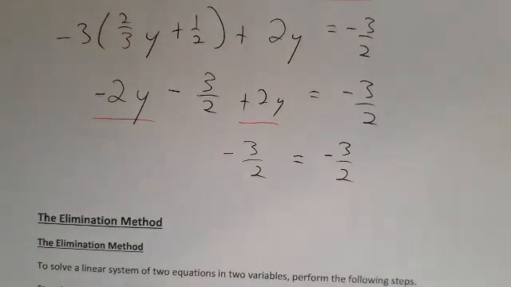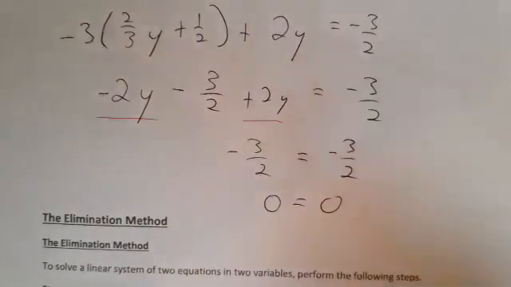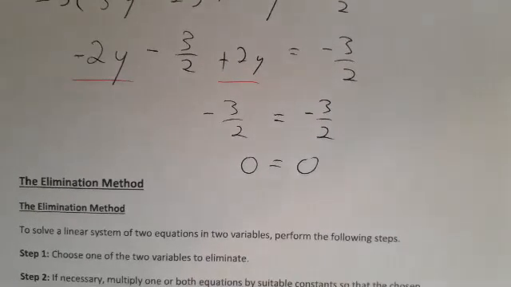So what does this mean about the solutions? We've had something like this when we solved for variables before. We get minus 3/2 equals minus 3/2. If I want to, I could add 3/2 to each side. I could get something like 0 equals 0, 1 equals 1. I'm getting something that is true.